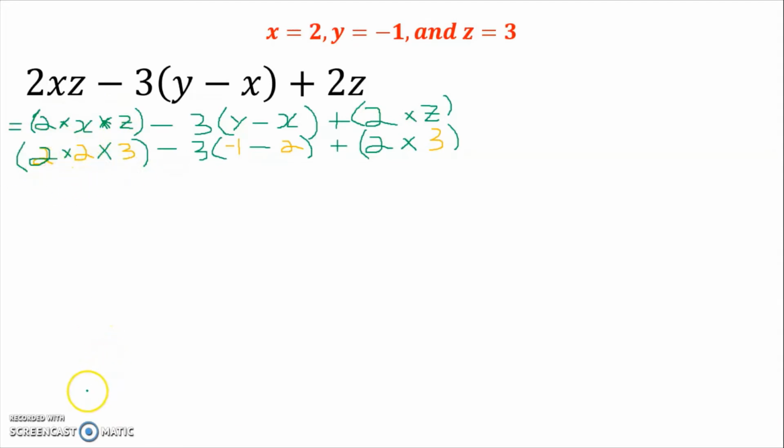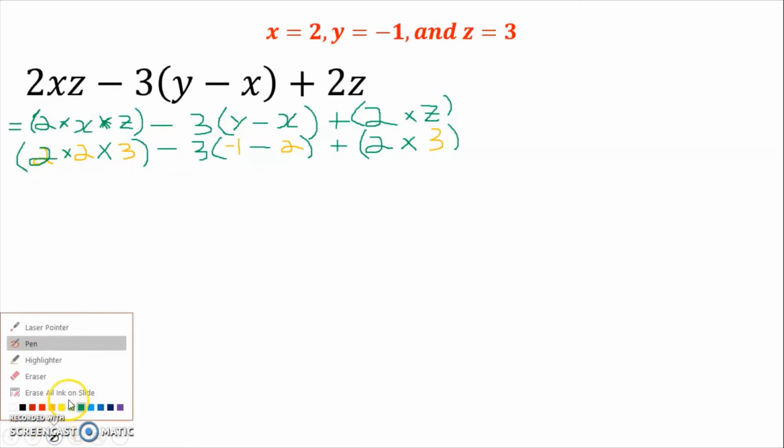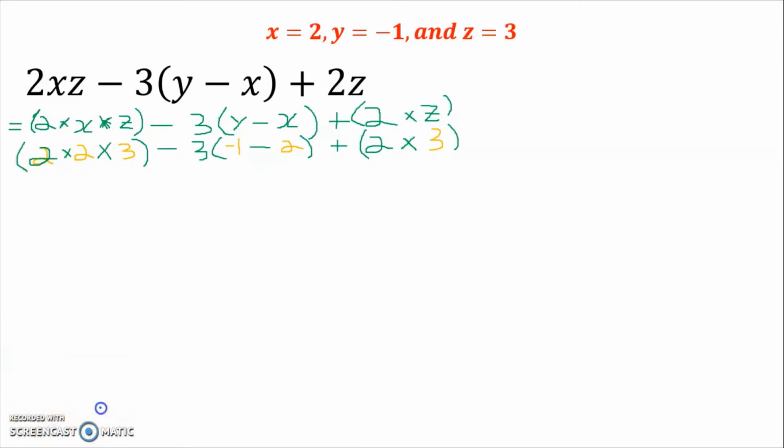So 2 times 2 is 4. This 2 here times this 2 here is 4, and 4 times 3 is 12. So 12 subtract this 3, open bracket, and we could simplify what is inside the bracket.